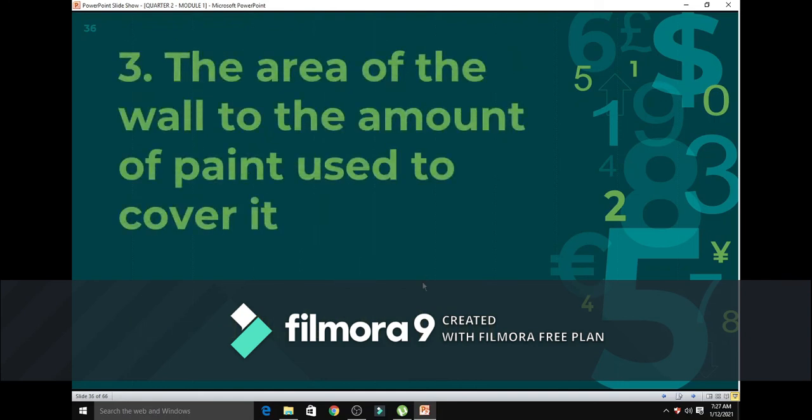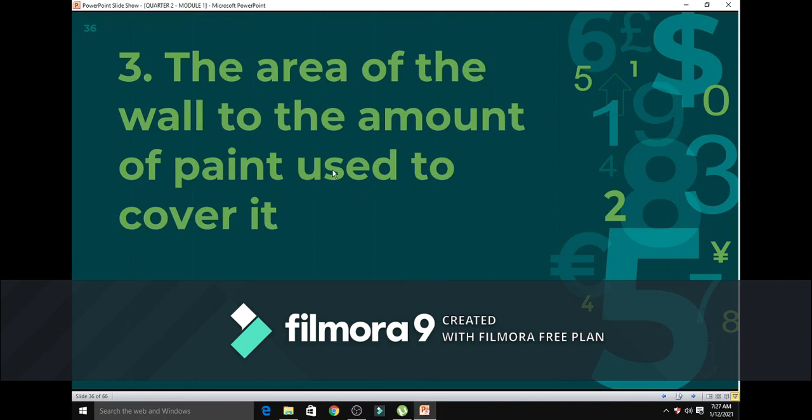So, pangatlo, the area of the wall to the amount of paint used to cover it. So, halimbawa, magpe-paint ka ng wall. So, kapag ba halimbawa yung kalahati lang ng bahay mo yung pipinturahan mo, gaano kadaming paint yung kailangan mong gamitin? O kaya kapag buong bahay, labas at loob ang pipinturahan mo, gaano kadaming pintura yung gagamitin mo? So, example ba to ng direct variation?